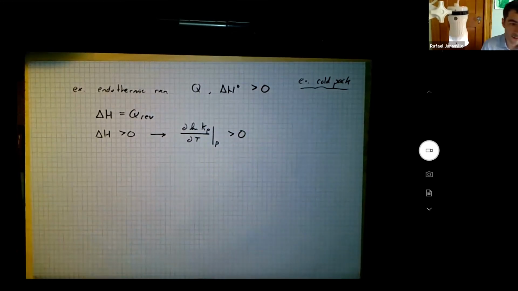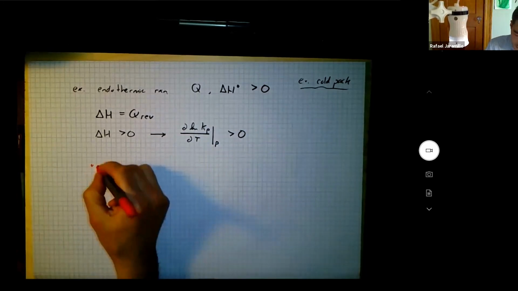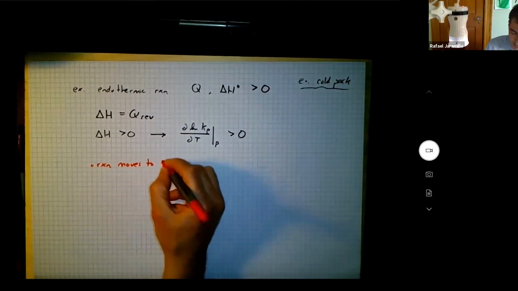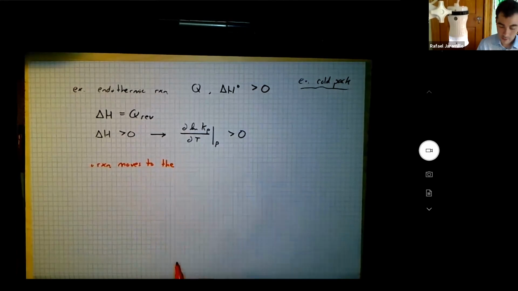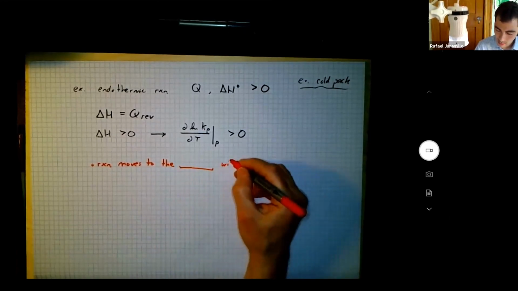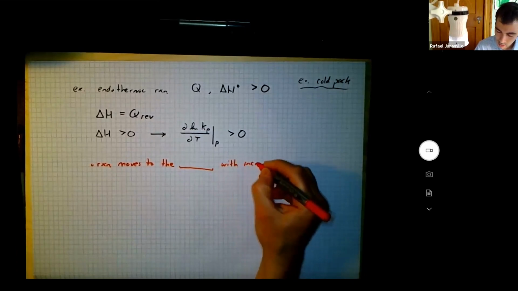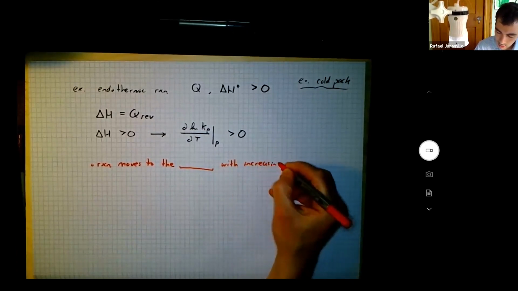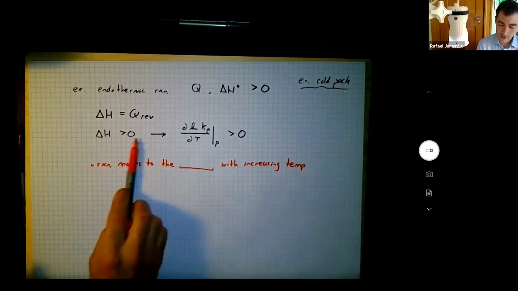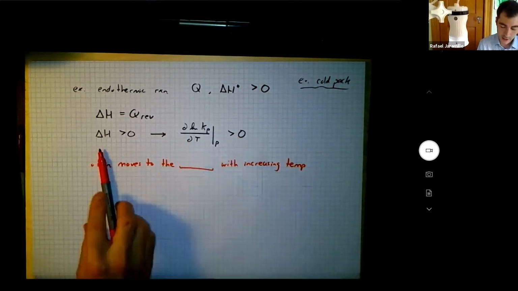What does that mean? Reaction moves to the right or left with increasing temperature? With increasing temperature, do I move to the right or the left if this condition is true?